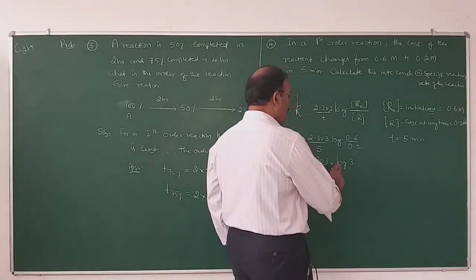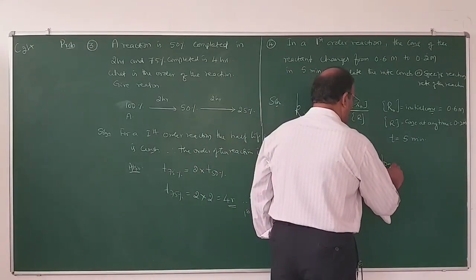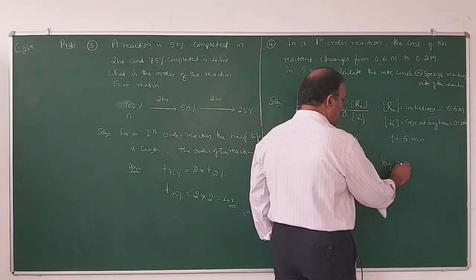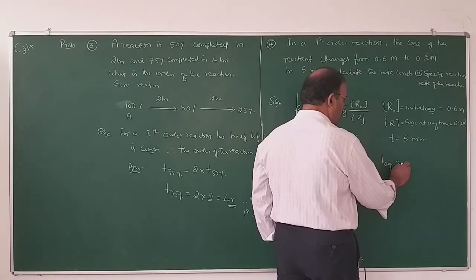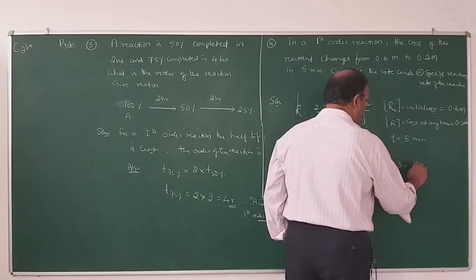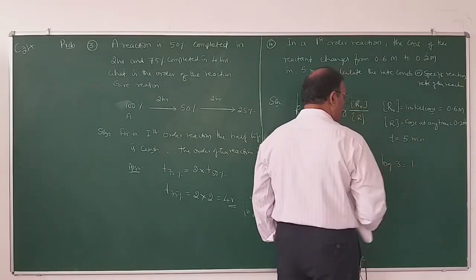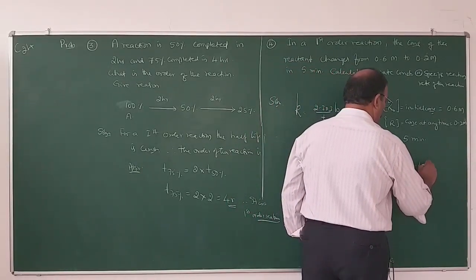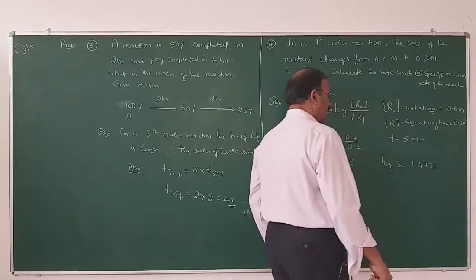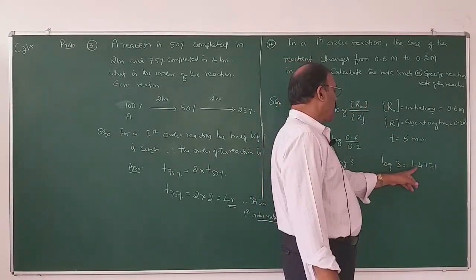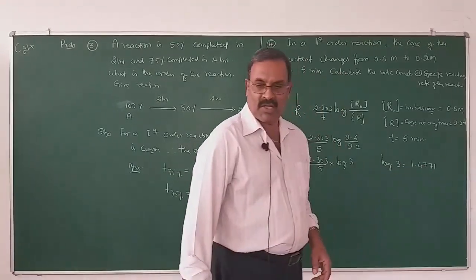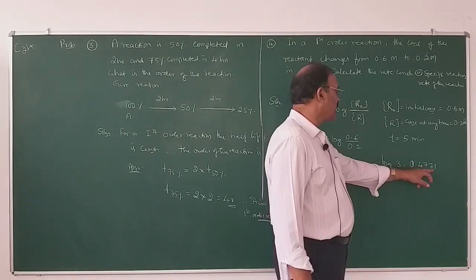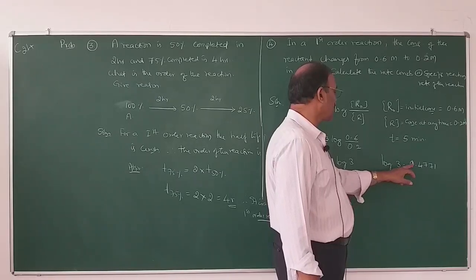So you have to know the value of log 3. Since it is a single digit before the point, the characteristic is 0. If you look at the logarithm of 3 in the logarithmic table, you will get 4771. Therefore log 3 equals 0.4771.